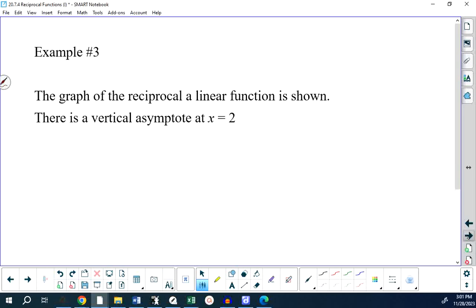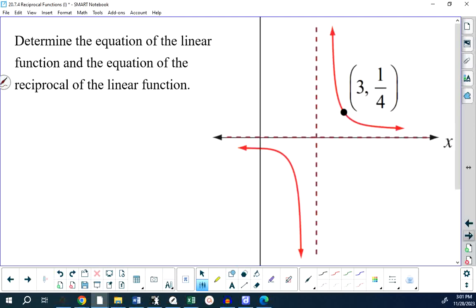So let's take a look at this one. The graph of a reciprocal of a linear function is shown. There it is. We have to work backwards now. You don't have to like it, but we have to work backwards. If this is the reciprocal function, this is y equals 1 over f of x. What is f of x? What is the linear function?